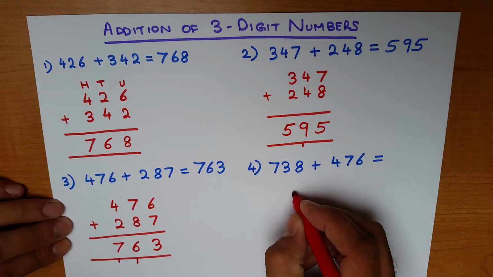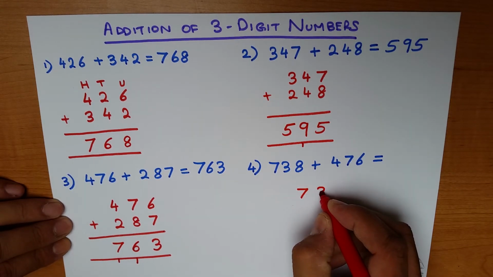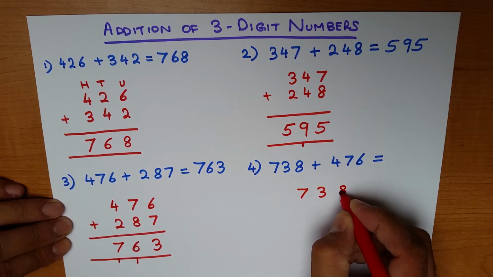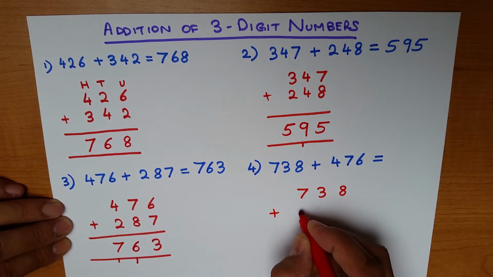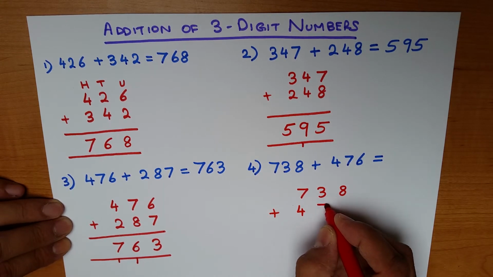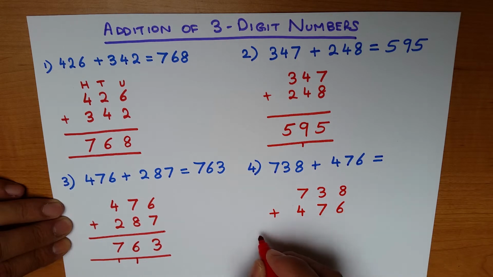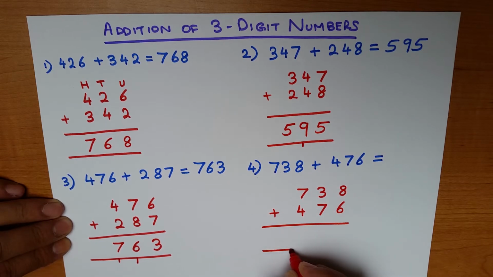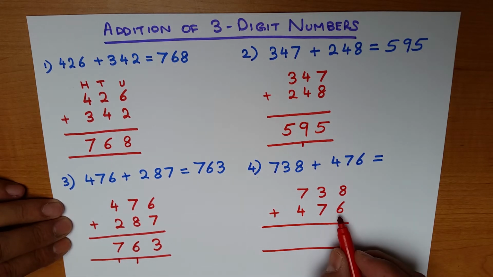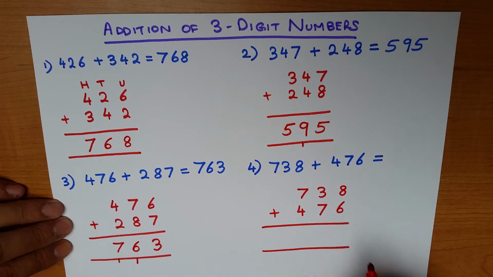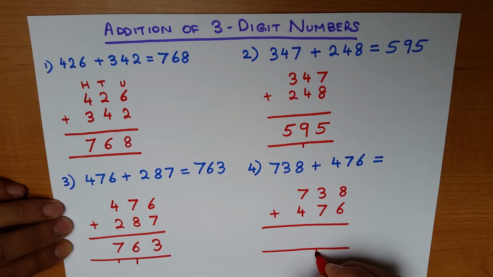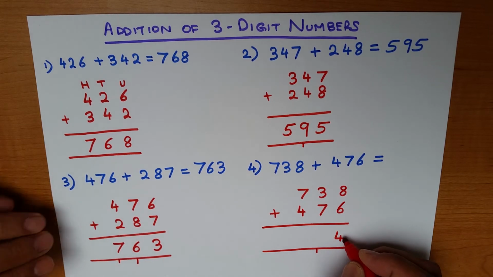Let's go through it. 738 plus 476. Nice big equal sign at the bottom. So now let's add the units column. What is 8 plus 6? 8 plus 6. That's right, it is 14.